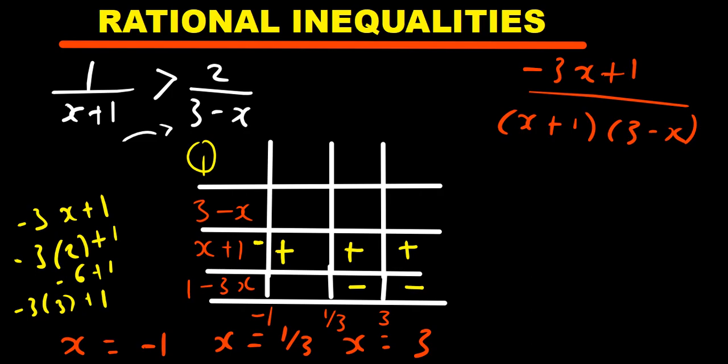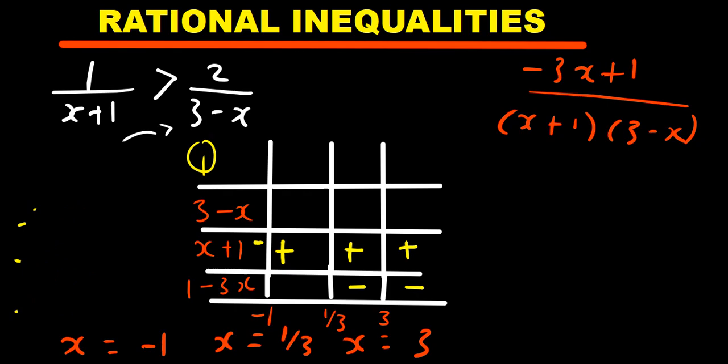Let's try to get any number that is less than 1 over 3, say between negative 1 and 1 over 3. Because our equation is negative 3x plus 1, 1 minus 3x is just the same.